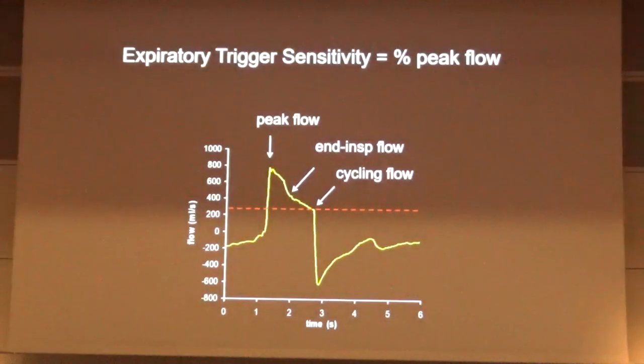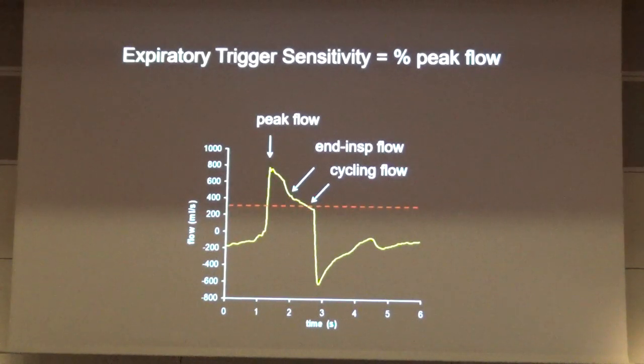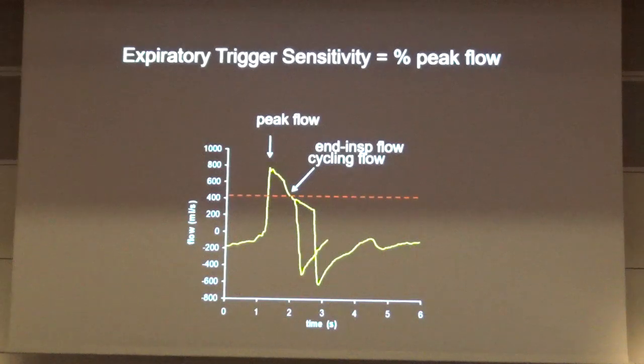So, if late cycling is still there once you have already optimized the pressure support level, you can try to adjust the expiratory trigger sensitivity, so change the cycling criterion, trying to superimpose the ventilator cycling flow with the patient's inspiratory flow.